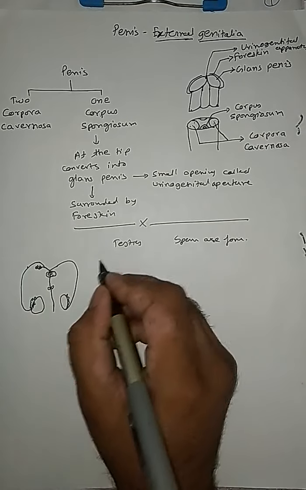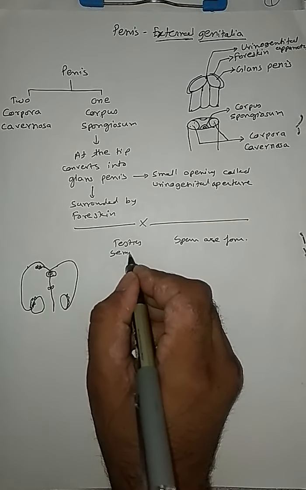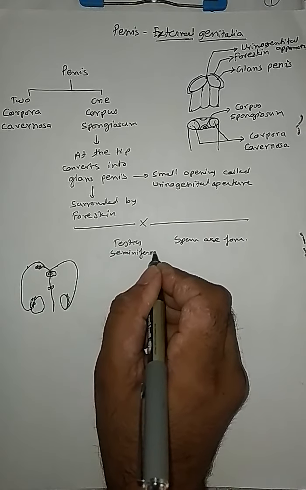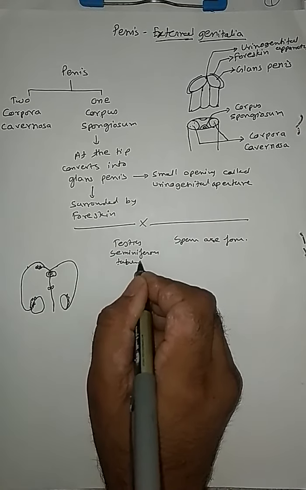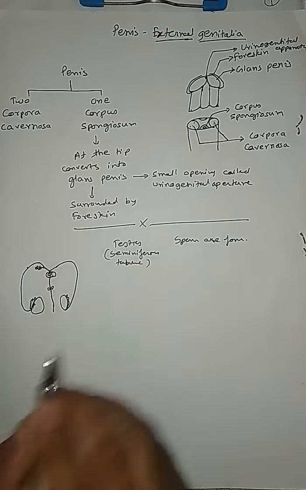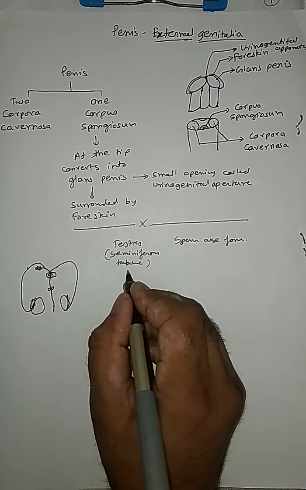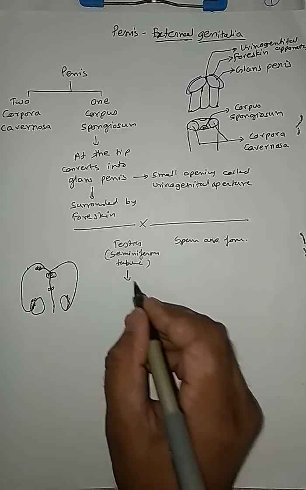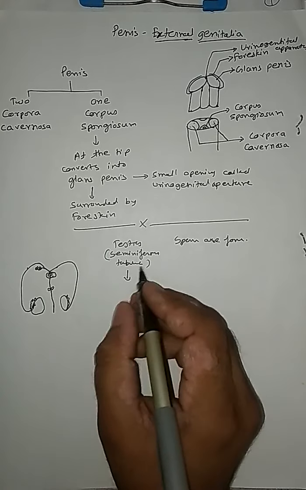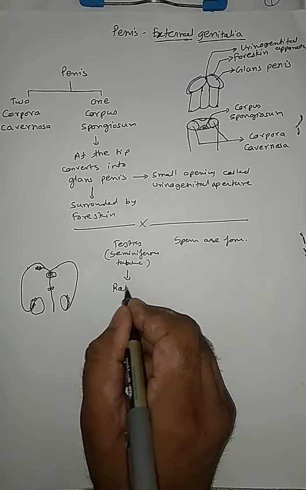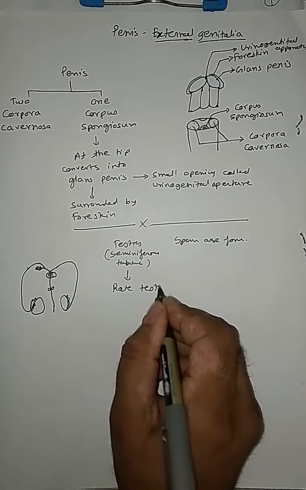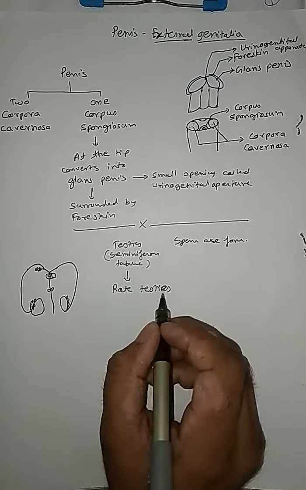Mainly in the seminiferous tubules these sperms are formed. Then these seminiferous tubules are connected to the rete testis, which is a network-like structure.